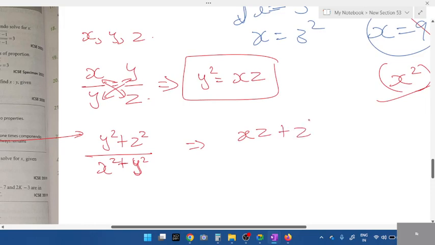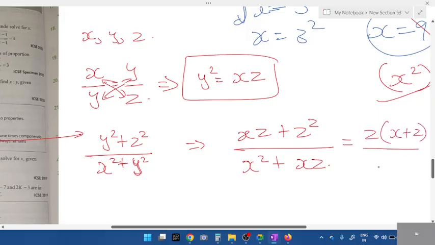X plus z square divided by x square plus, what is y square? What is common here? Z is common. X plus z. What is common here? X plus z. Which one gets cancelled?